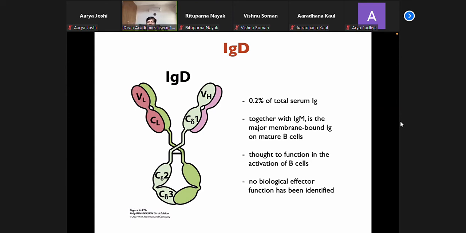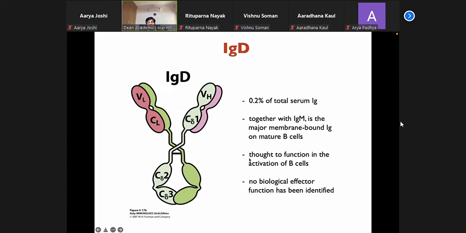So whatever the isotype of antibodies produced by this activated B cell, the antigen specificity remains the same. You can have subtle changes, where some isotype will bind to this antigen more efficiently than the other, but the antigen specificity remains the same.